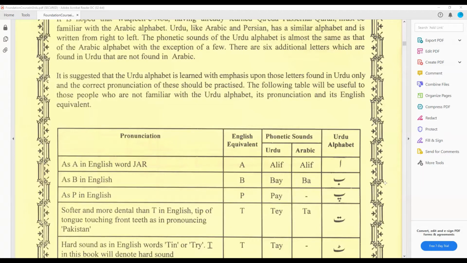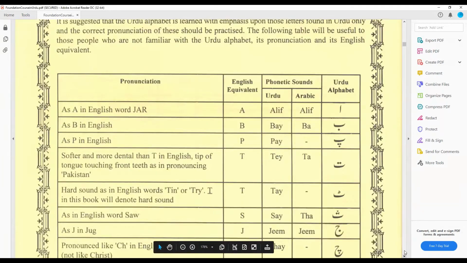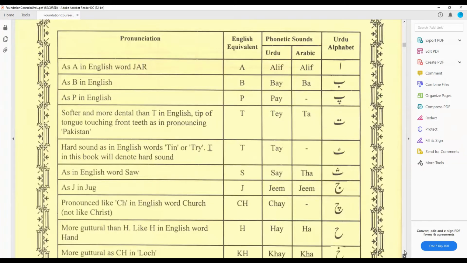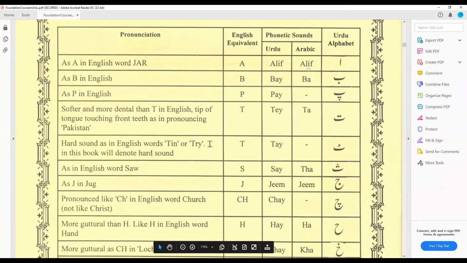So we know our ABC. If you know the Arabic alphabet, that's fine. If you don't know, it doesn't matter. If you know English ABC, that's fine. If we relate English letters to the Urdu alphabet, here's a straight one line.